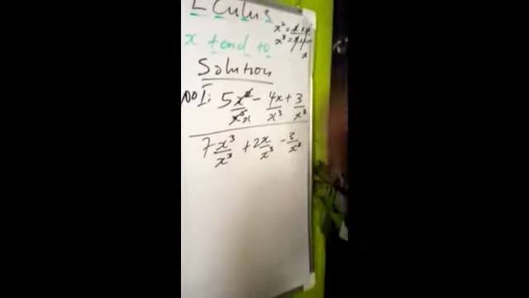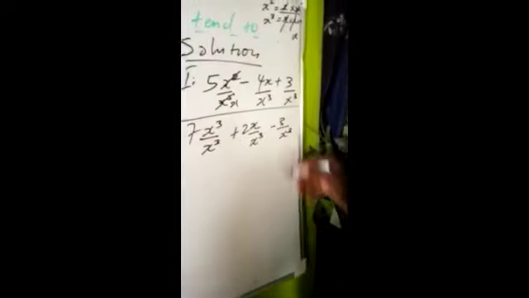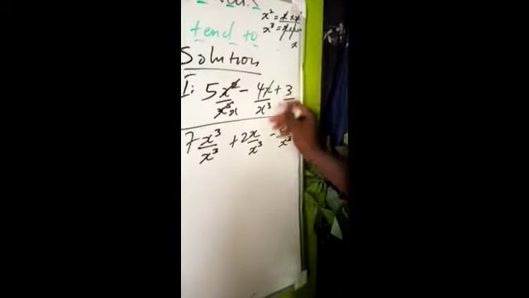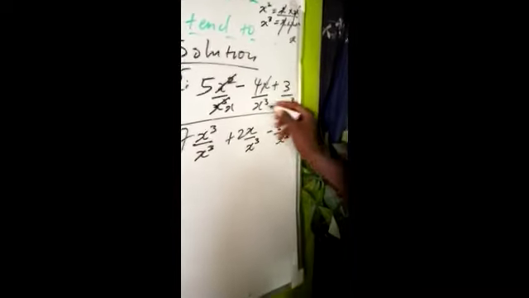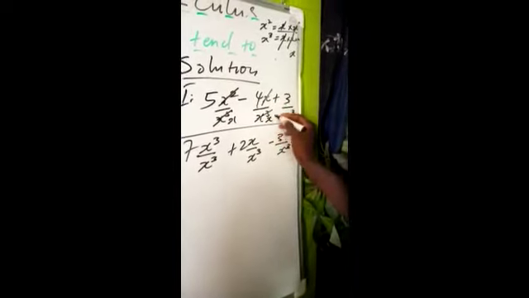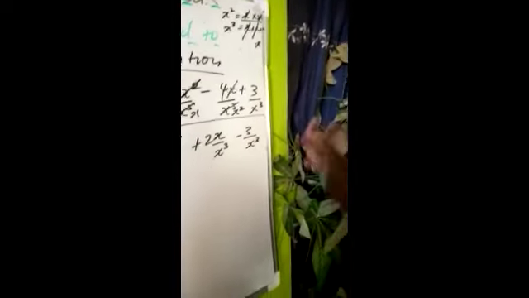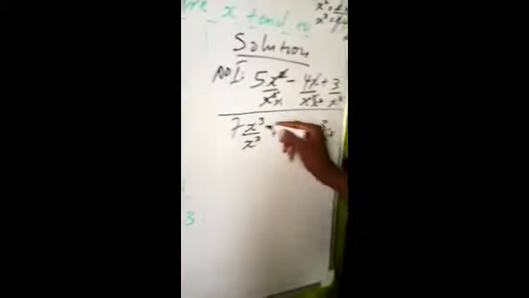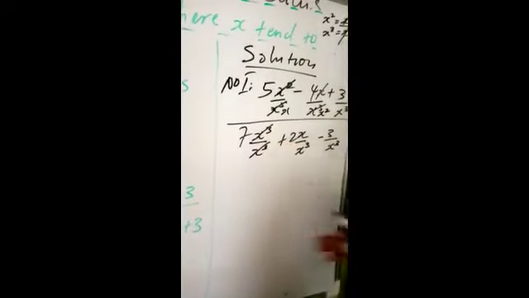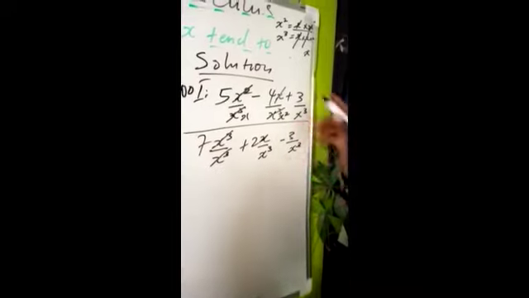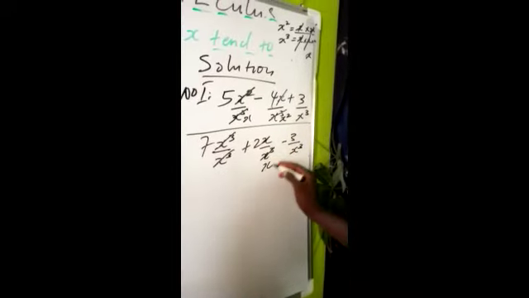So that's how we got this 5 divided by s. Then when I remove one s from 3, it remains s raised to power 2. Then nothing to remove from the constant, so you leave it that way. Then this and this are the same thing, you remain with 7. When you remove this one, what remains is 1, so you have s squared. This one you leave that way.